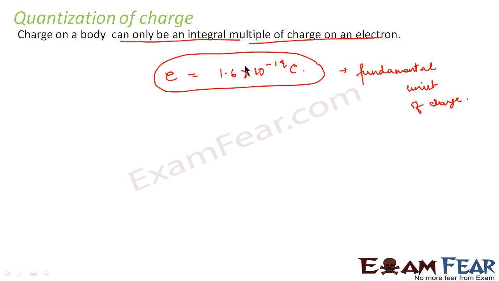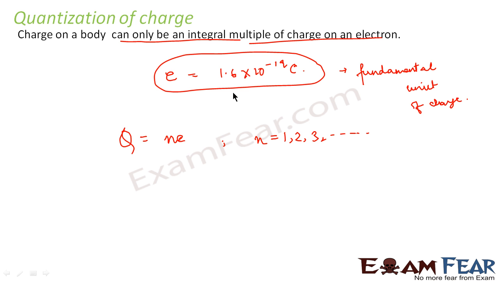It says that the charge Q on any object has to be an integral multiple of the electronic charge. That means the object cannot have any values other than these, where n is equal to 1, 2, 3 and so on. So a charge which can exist in this universe has to be an integral multiple of this value.